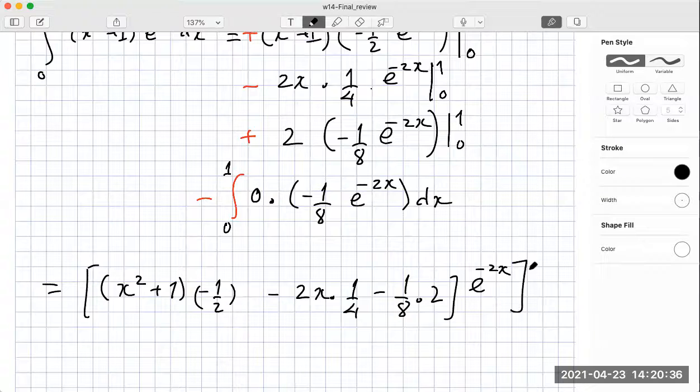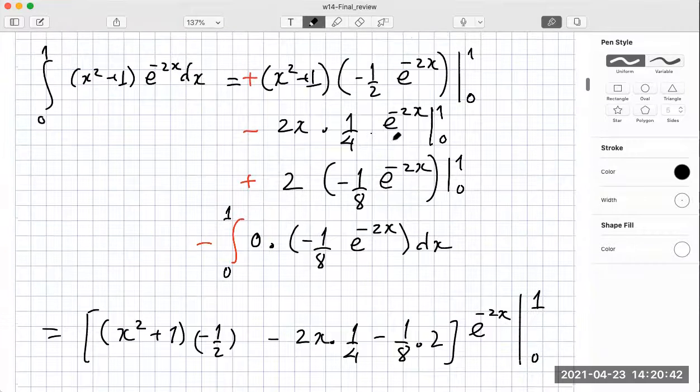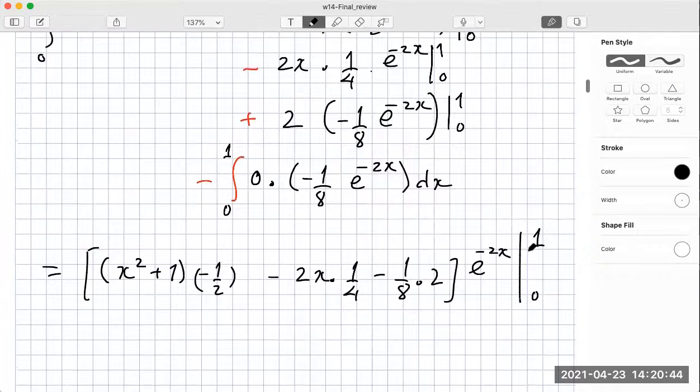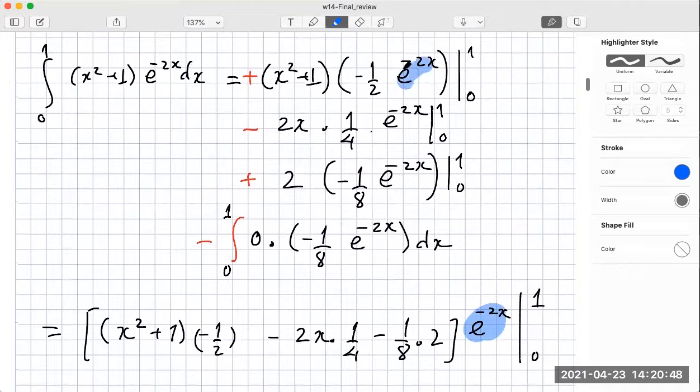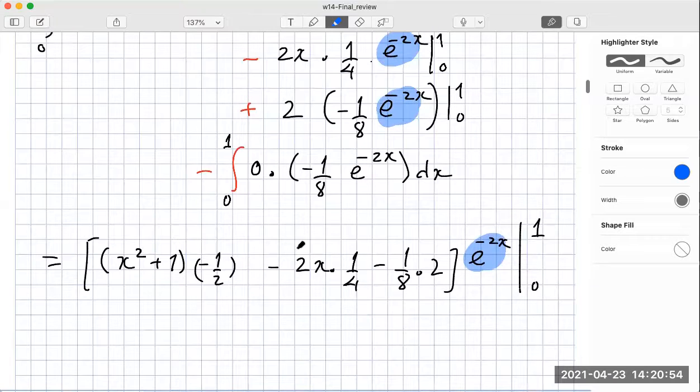Evaluate from 0 to 1. We did factor e to the negative 2x at the same time here because all of them have this term. So now you can deal with this guy at the same time. It's faster and a lot easier.